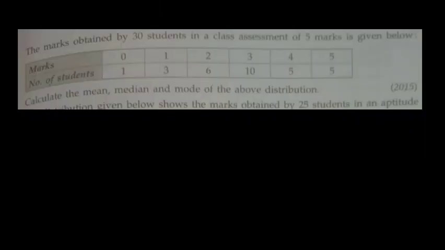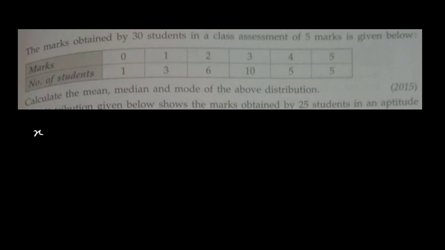Now here the next question is, the marks obtained by 30 students in a class assessment of 5 marks is given below. You have to calculate mean, median and mode of the above distribution. So all three things we have to find out. Now let us solve this problem. It came in 2015.